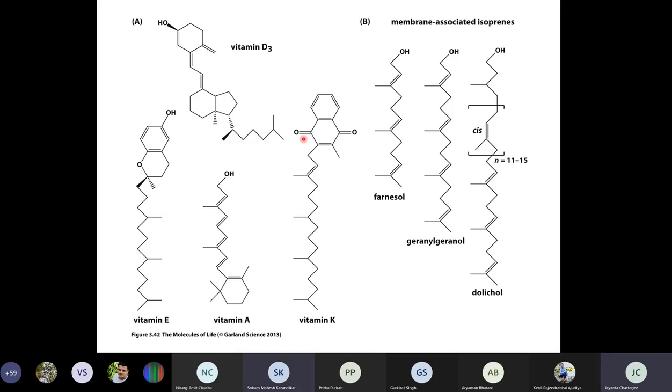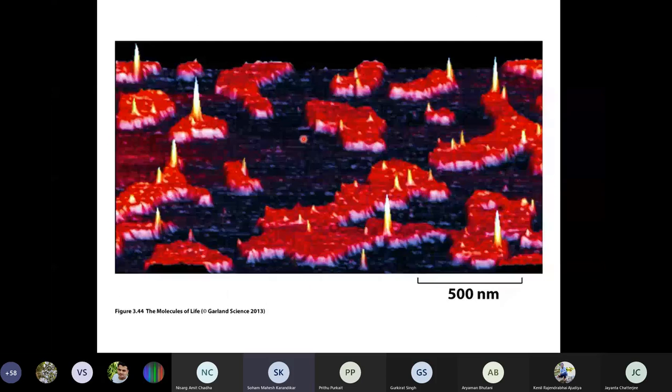Sir, while discussing the CAAX motif, or before that, you were discussing how the vitamins can be used to transport proteins from the membrane to the cytosol, and cytosol to the membrane, and then you shifted.